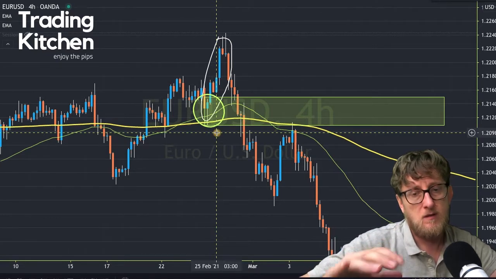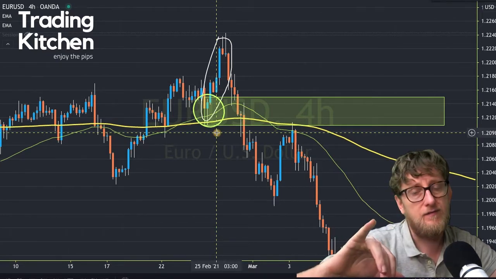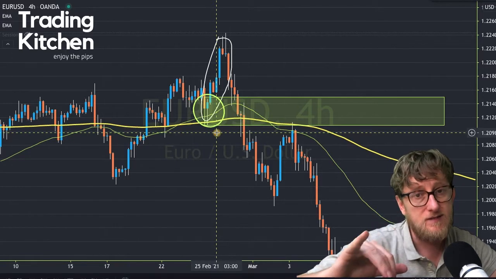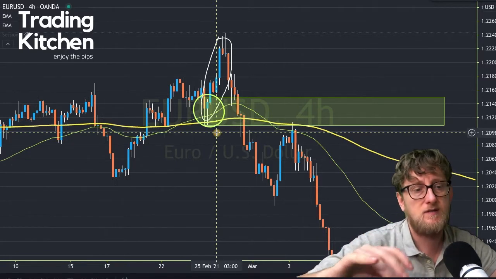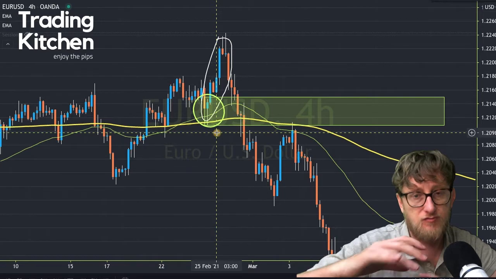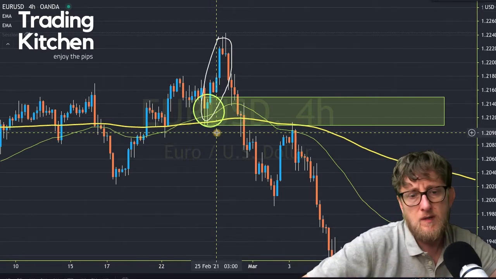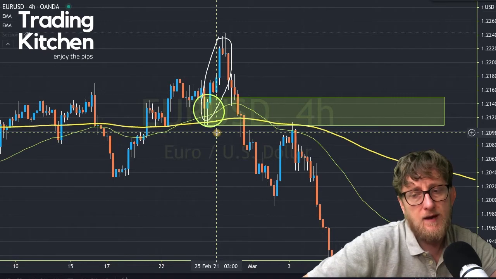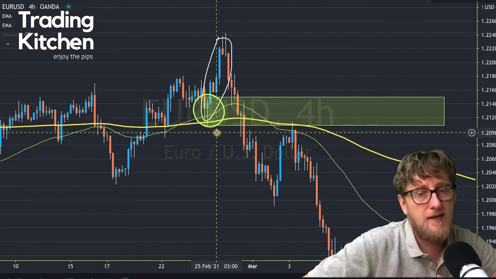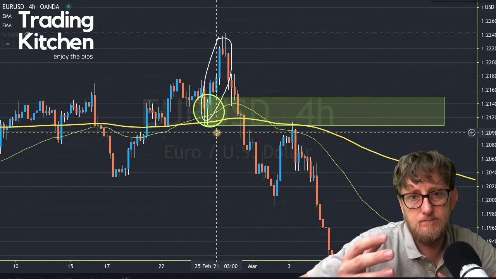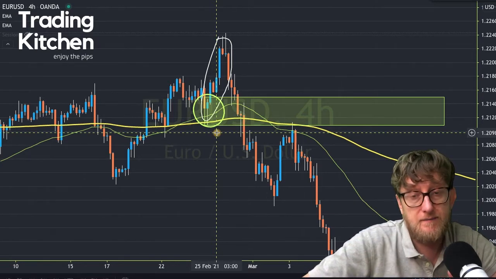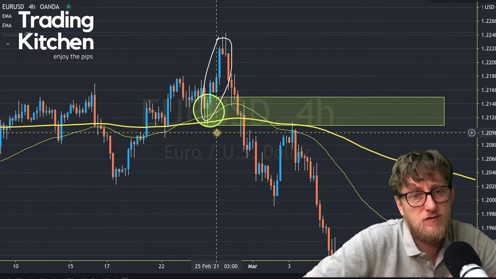Okay, the higher the wick is, the bigger the wick is, the stronger the impulse will be. So basically the wick is formed by orders, so why not consider them?